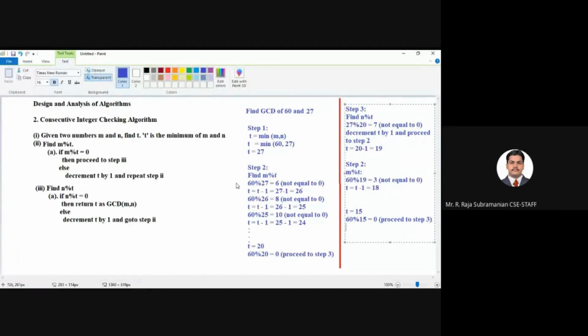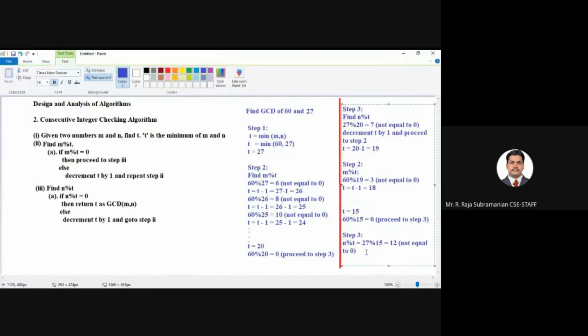In step 3, n mod t is 27 mod 15, which is equal to 12, not equal to 0. So this also is not supported, right? So far so good, right? It is very simple, again and again doing the same thing.